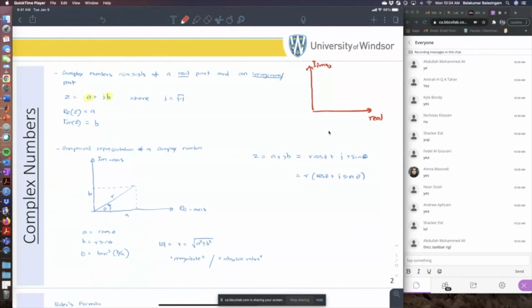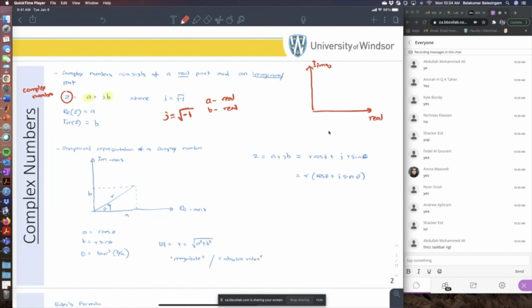Here is a complex number, s. Whereas a is a real number, b is a real number, s is a complex number because it is a plus jb, where j is the square root of -1, which you all know doesn't exist.